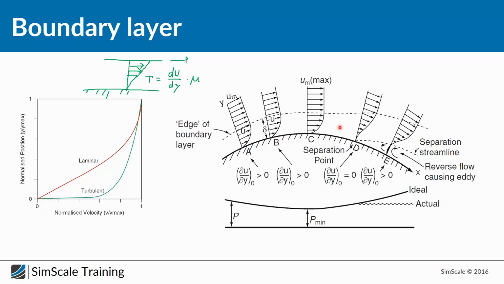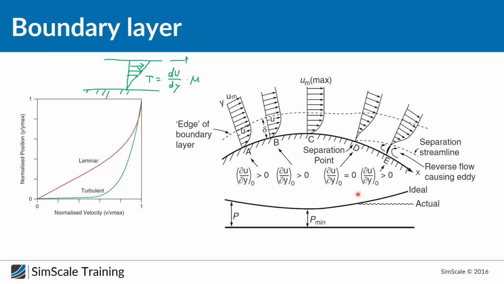And what is happening if you take a look? First of all, the profile becomes steeper. And the second thing which has happened is that near the wall, the velocity is slowing down. And then we have a point where it changes, we have a backflow. And that is exactly the same thing we talked about during the first session.